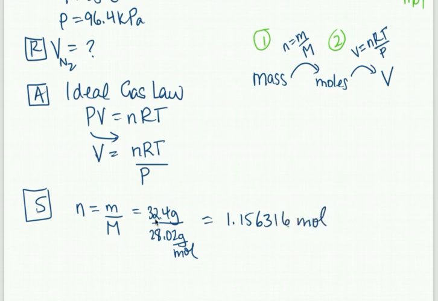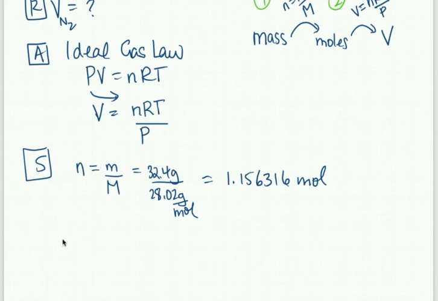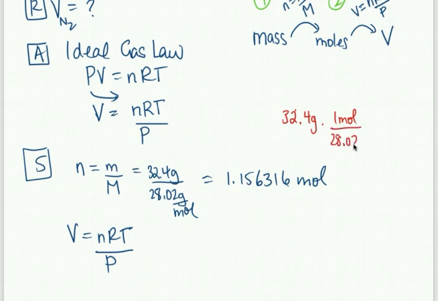We're going to carry these digits in our calculator and not clear it. Now we're going to go to the ideal gas law. If you are the unit analysis person, just line it up like this, and then you get this answer as well.